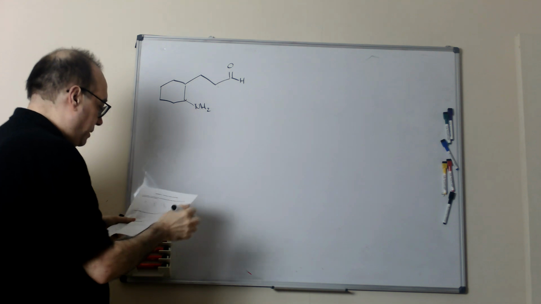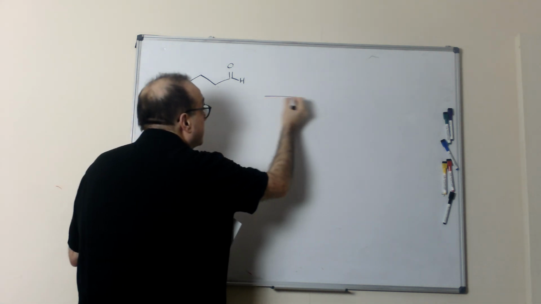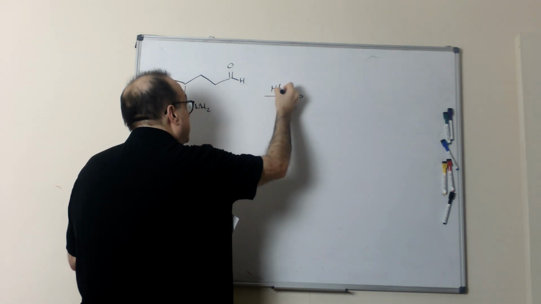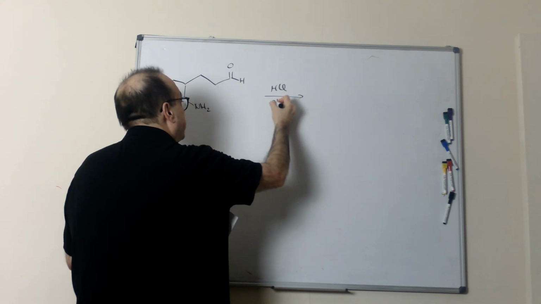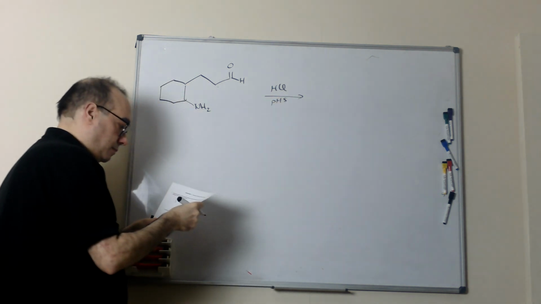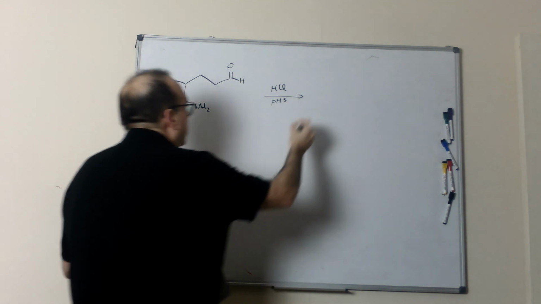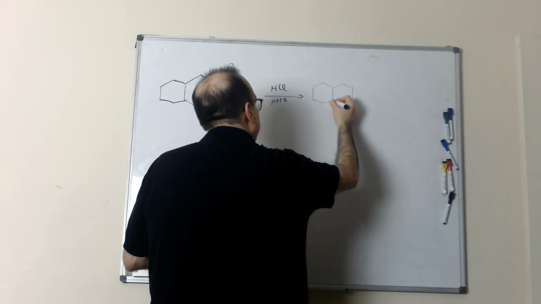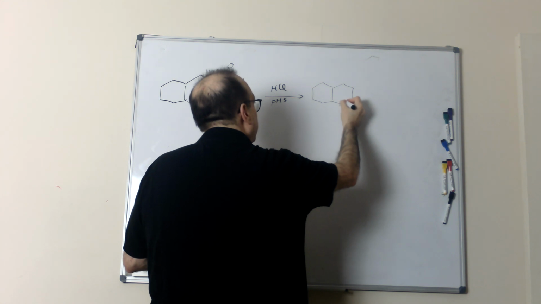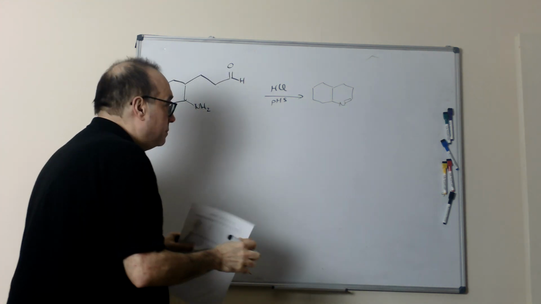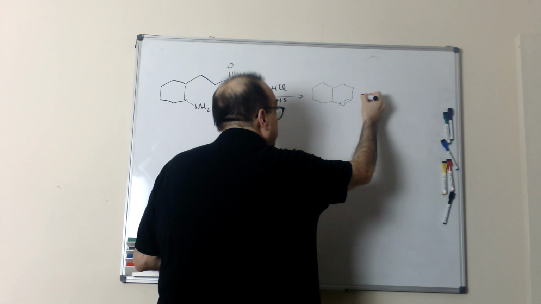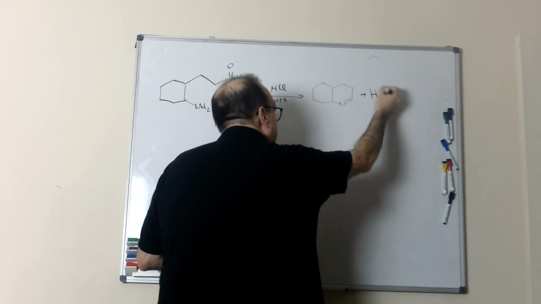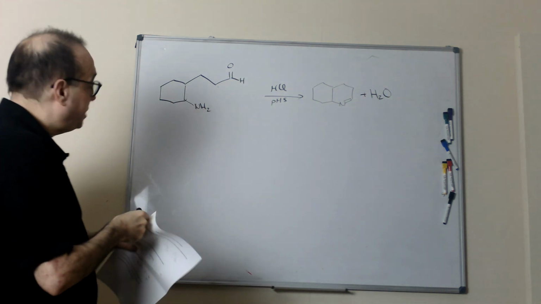And we treat this with HCl, pH 5. And what we get is this compound here, plus water. Which is the mechanism?